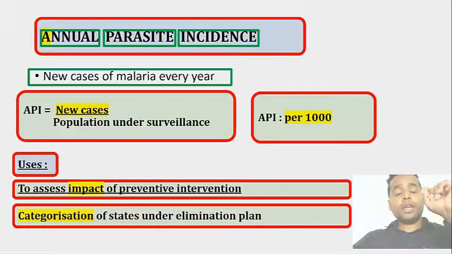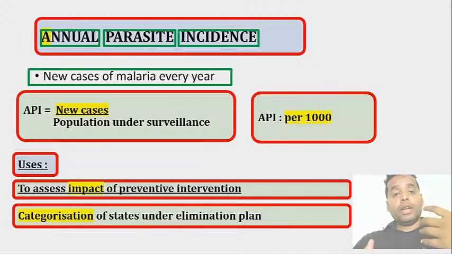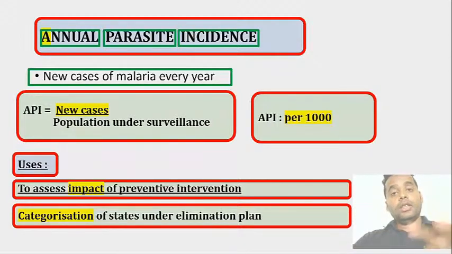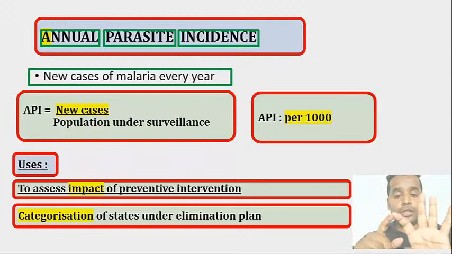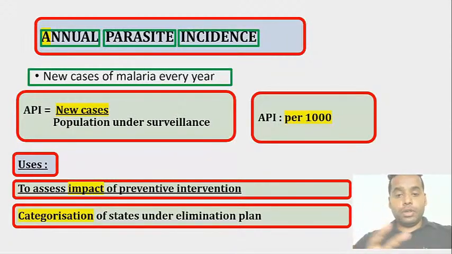Correct. Categorization of states under elimination plan. We have malaria elimination plan. We are targeting malaria for elimination by 2030. So based on this elimination plan, there are 4 states, category 0, 1, 2 and 3. I'll frame a question on malaria elimination plan separately, but here I am telling that with the help of API, states are categorized.